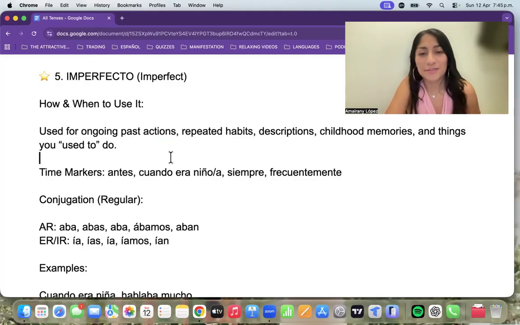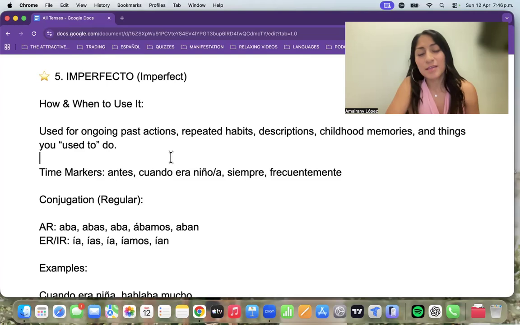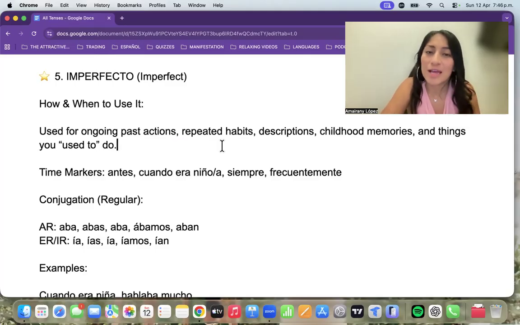So for example, when I was living in Italy, I used to eat pizza every single weekend. So that is something that tells me that happened more than once. It's a repeated habit. But if I say yesterday I ate pizza, then that tells me that it's an action that ended. So the imperfecto works for all those stories.